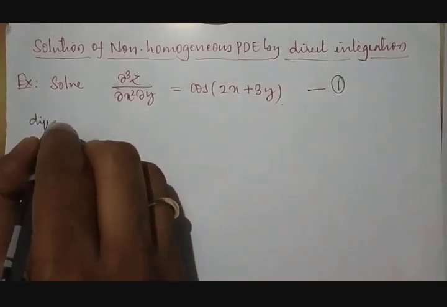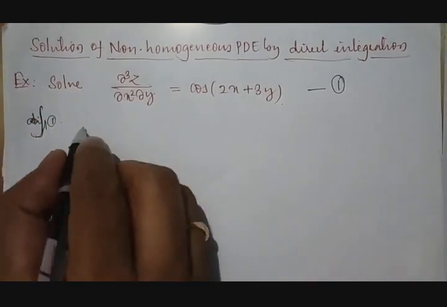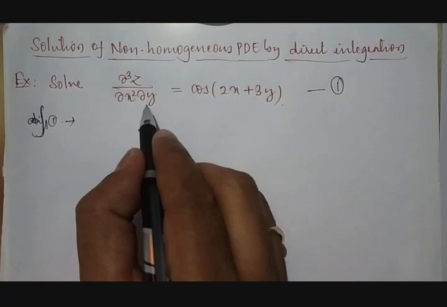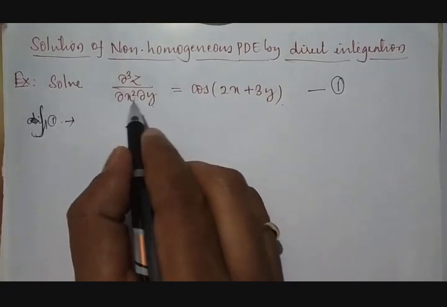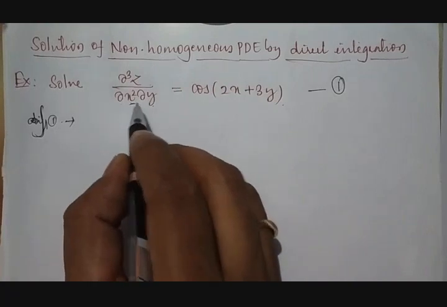So first integrate equation number 1 with respect to... now it is left to us: either we need to apply integration with respect to y first or x first. Since there are two terms of x, I want to clear it out.